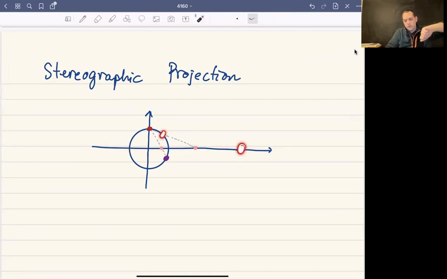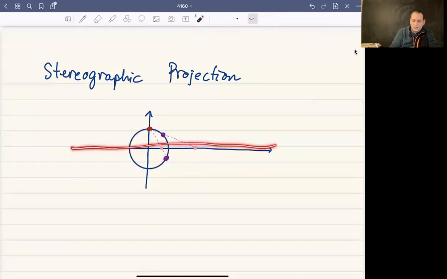That's going to give you a unique point on the unit circle. And so what this tells you, if you've taken a foundations of math or a discrete math class, or if you know about countable and uncountable, is that there's a one-to-one correspondence, a bijection, between the unit circle without the North Pole and the horizontal axis.